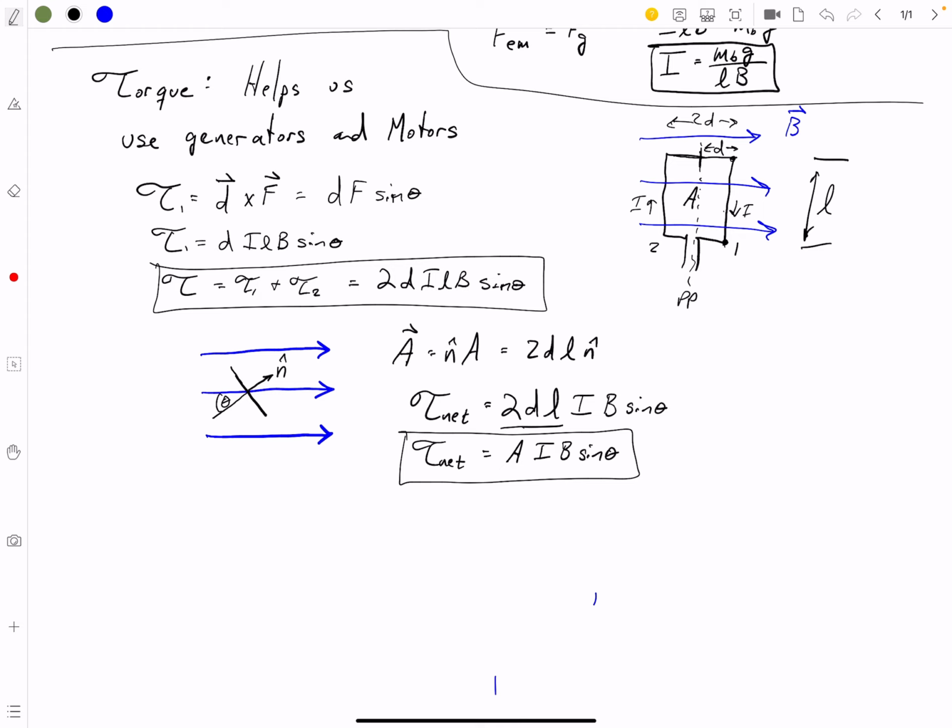And then all you have to do is figure out which direction you're spinning in, okay? And of course, you just use your right-hand rule, and you'll get it. Nice. All right, let's move on.